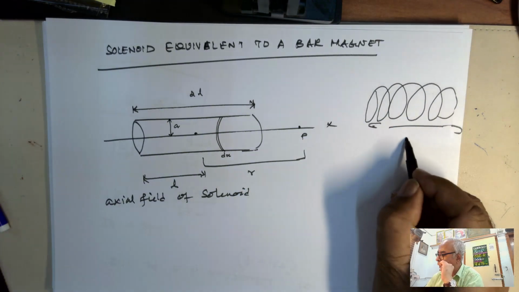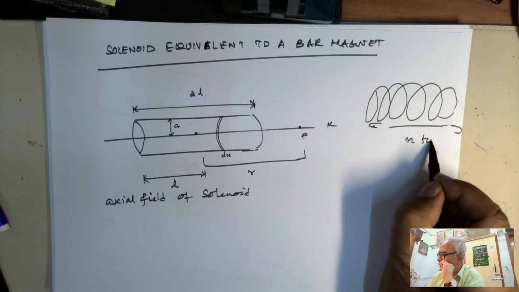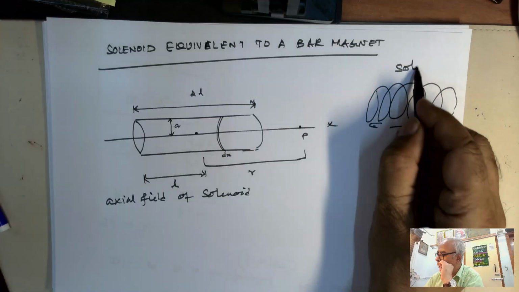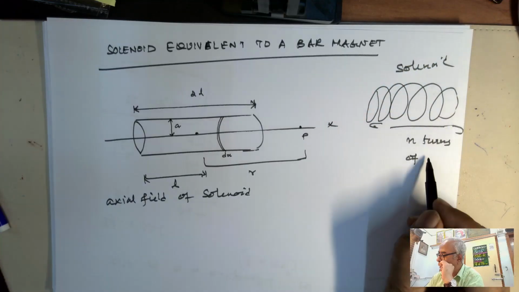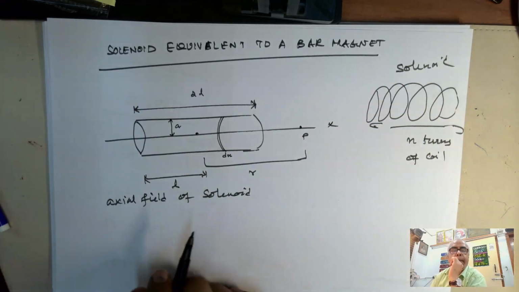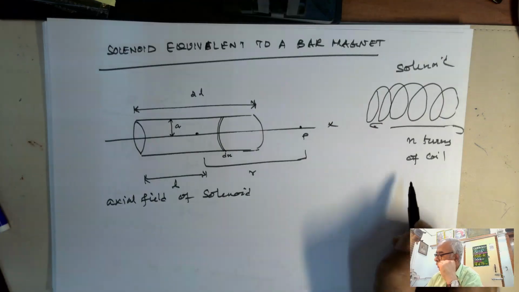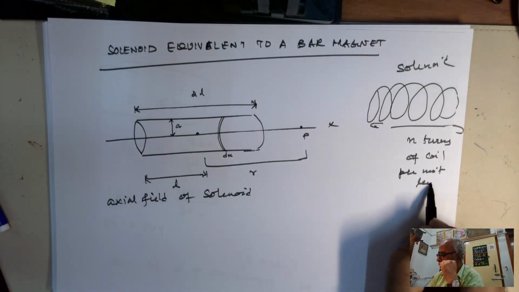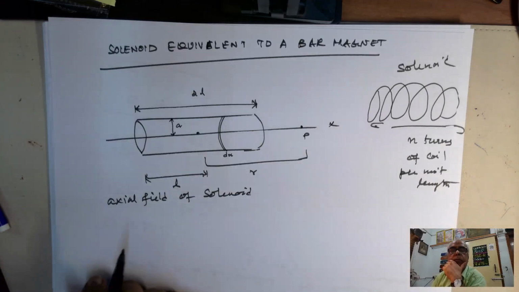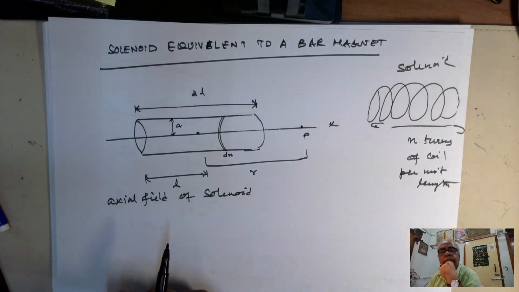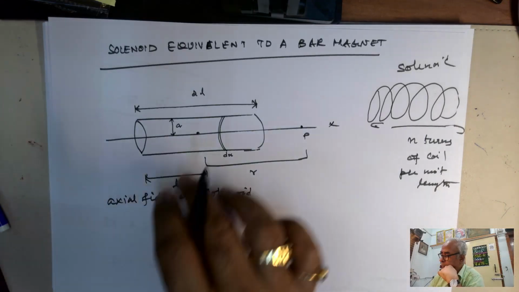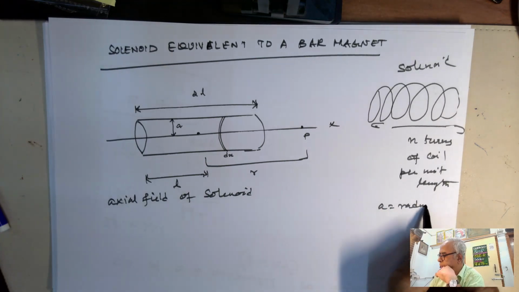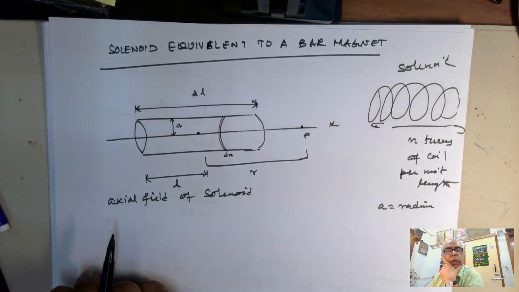Let me say this solenoid contains n number of turns of coil per unit length. A is the radius of the solenoid coil.